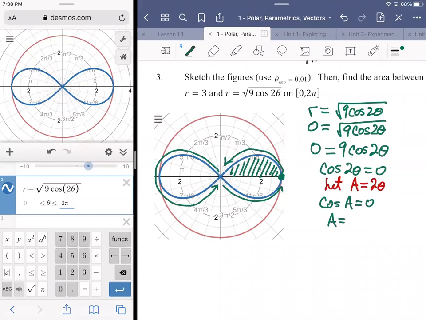X value is equal to 0 whenever the unit circle hits the y-axis. That happens at pi over 2 and 3 pi over 2, also negative pi over 2 and 5 pi over 2 and 7 pi over 2. So basically all odd multiples of pi over 2. So we have that information.